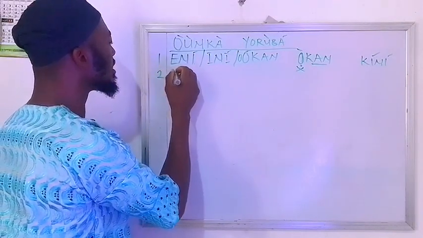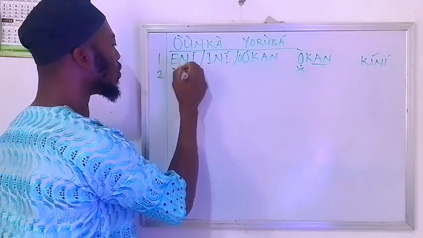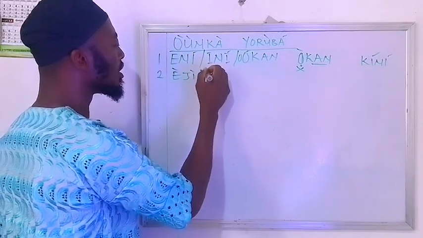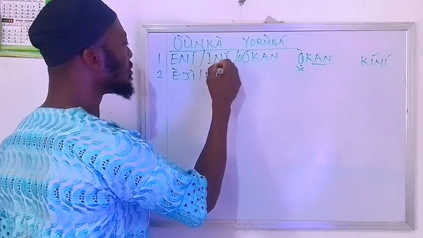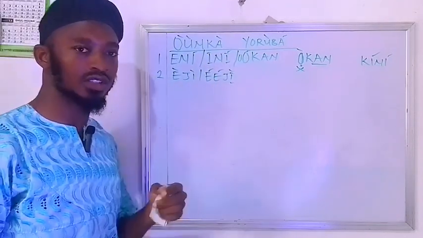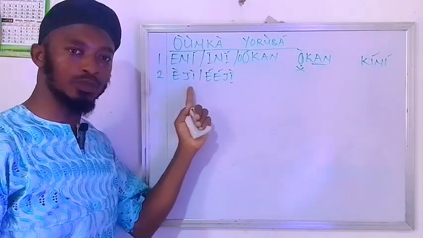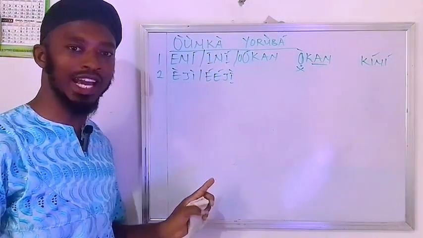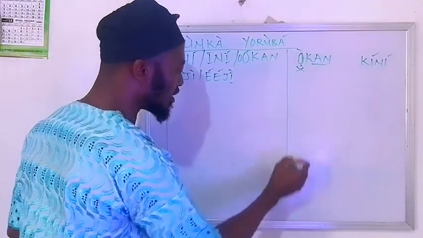2 is èjì. Remember what I explained when I was talking about 1? The variance is because of difference in dialect, nothing more than that.